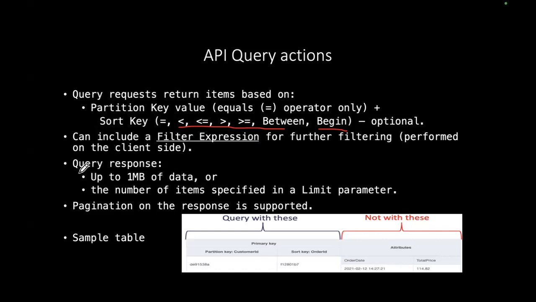The query response then, there seem to be certain conditions associated with that as well. There can't be more than 1 megabyte of data in the response in terms of volume.